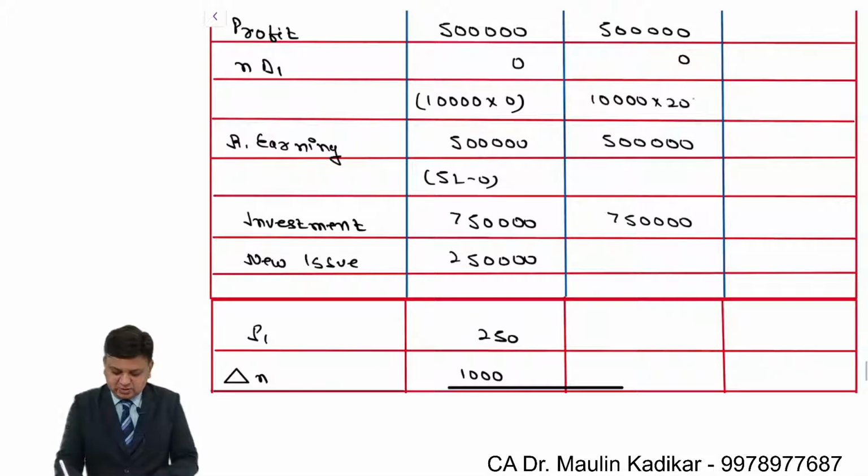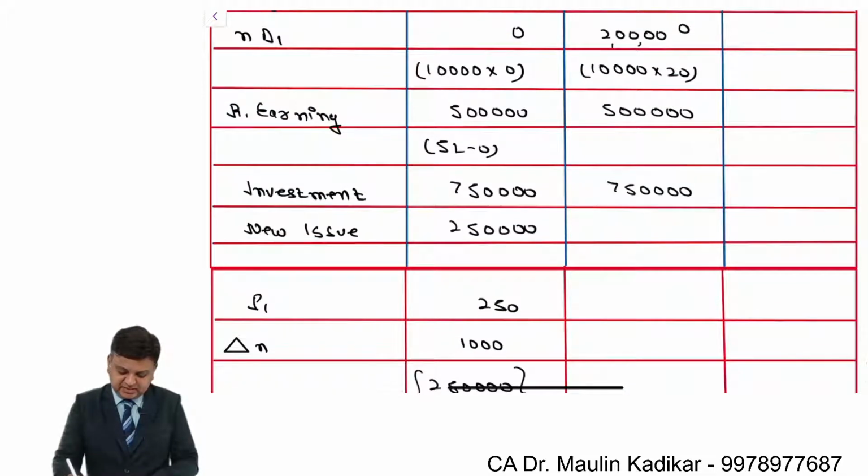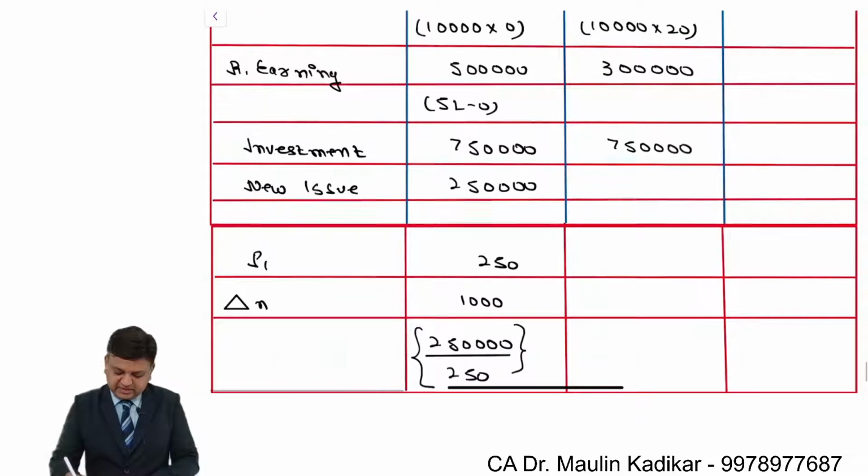So 10,000 into 20 comes to 2 lakhs. Retained earning is 3 lakhs, that is 5 lakhs minus 2 lakhs.